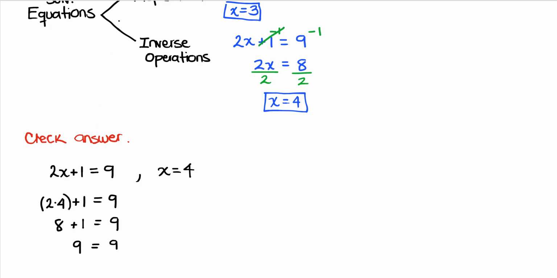I want you to see something here. This side of the equation, which I'm going to highlight here, is what we call the left hand side of the equation, because it's to the left of the equal sign.